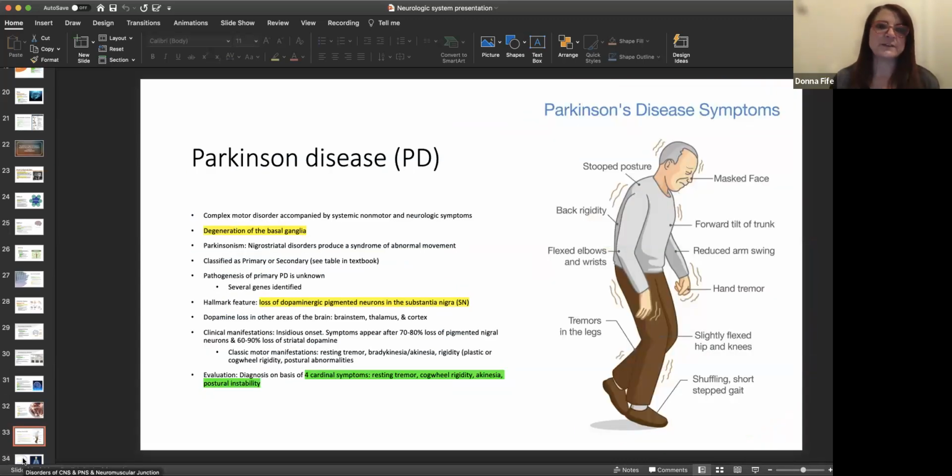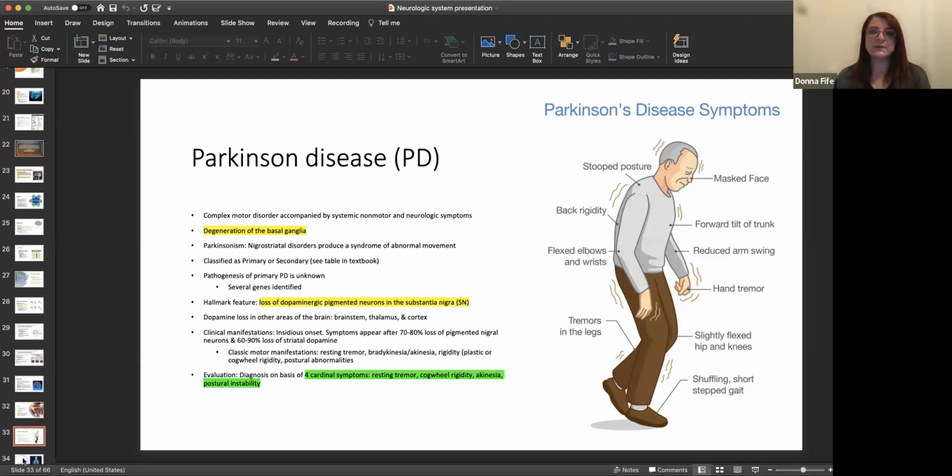Parkinson's disease. This is a complex motor disorder accompanied by systemic non-motor and neurologic symptoms. There's degeneration of the basal ganglia. Parkinsonism is a nigrostriatal disorder that produces a syndrome of abnormal movement. This is classified as primary or secondary, and there's a table in the textbook that gives more information on that.